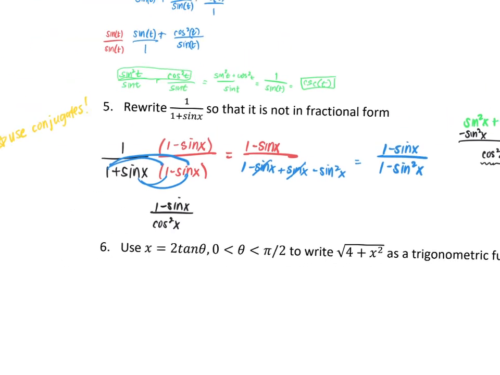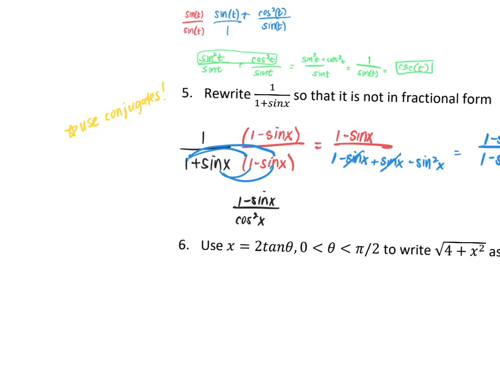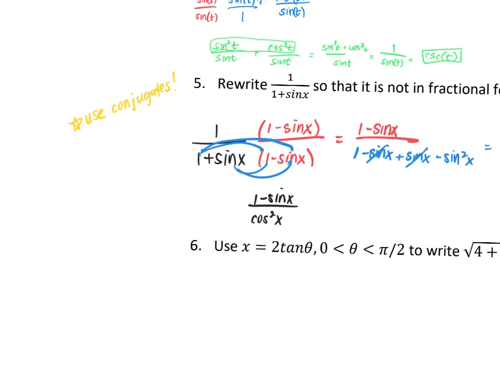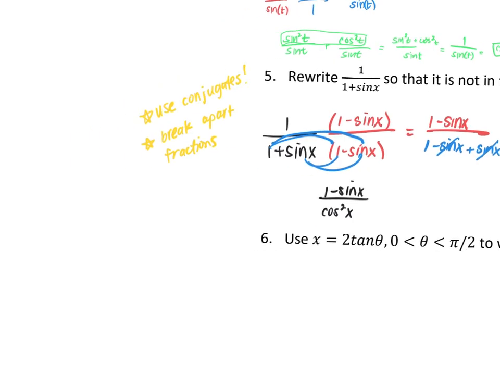Now we are going to actually add another strategy, and we've used adding and subtracting fractions. We can also break apart fractions. And what I mean by that is, I'll do a simpler example over here.